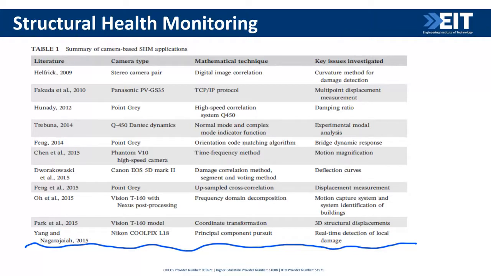And here, as you can see, for example, camera. There are so many different types of camera available, with different mathematical techniques, and the main problems in relation to each of them. It is an example of camera.